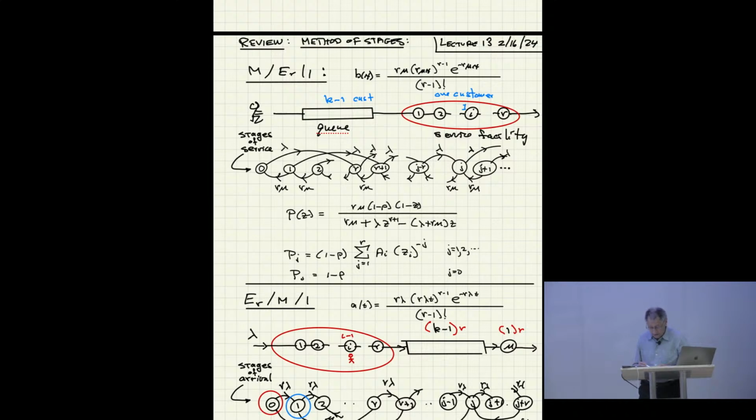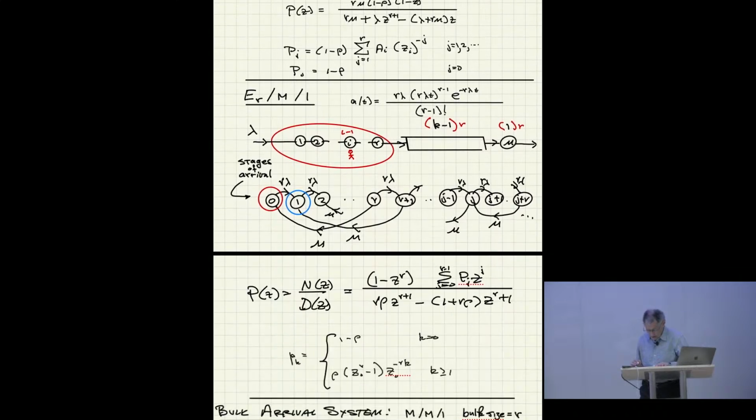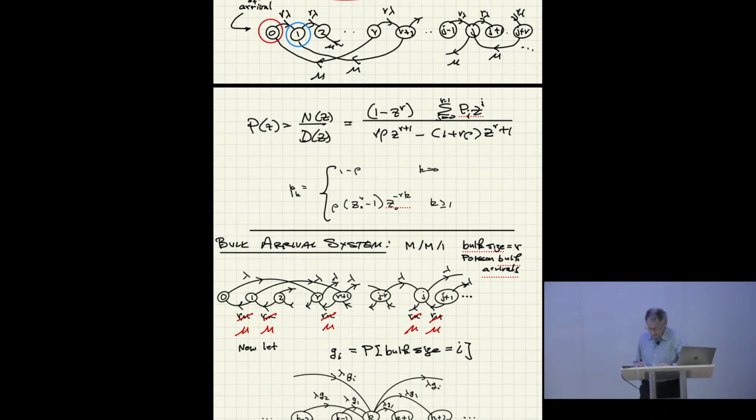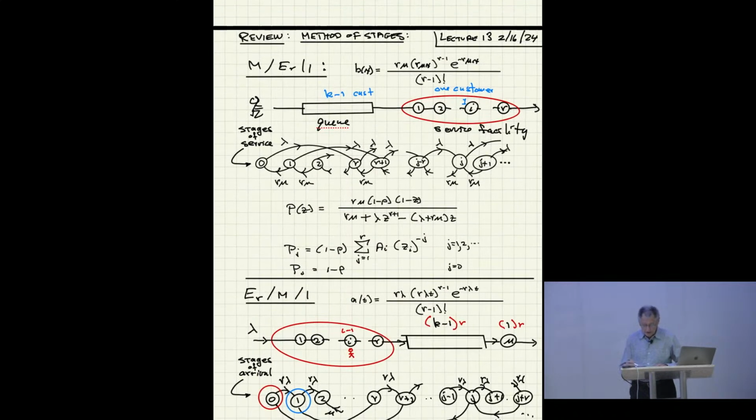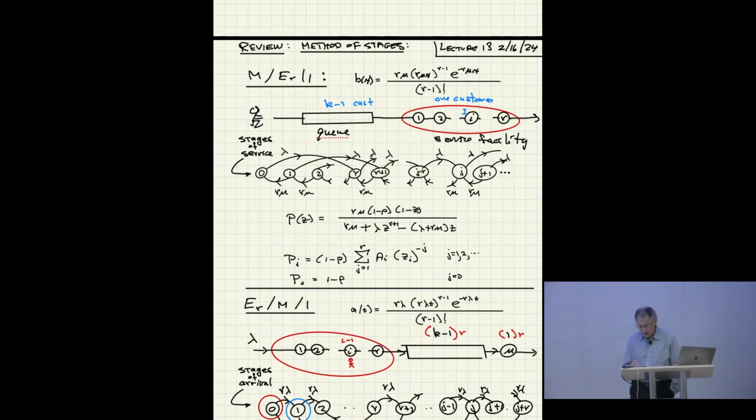In the bulk arrival, every time someone comes in, they bring in a total of R customers instead of one. And I made the point that the MER1 system solves the bulk arrival system when the bulks are all of the same size. Some people had trouble understanding how this queuing picture with stages maps into the bulk arrival. I mean, what happened to all these stages?